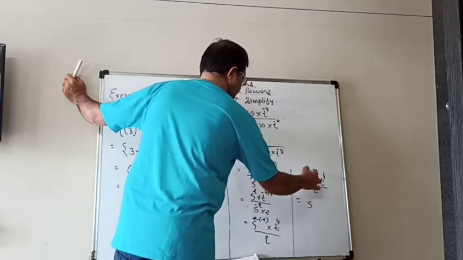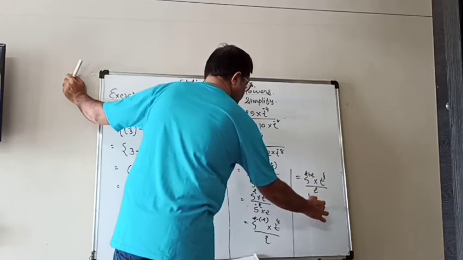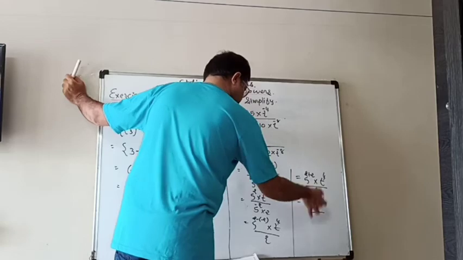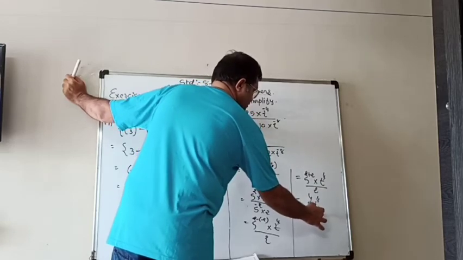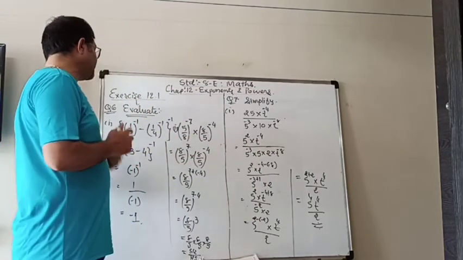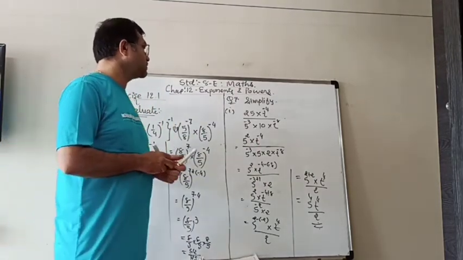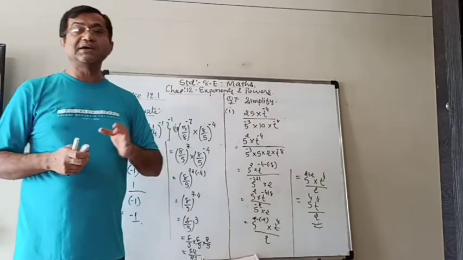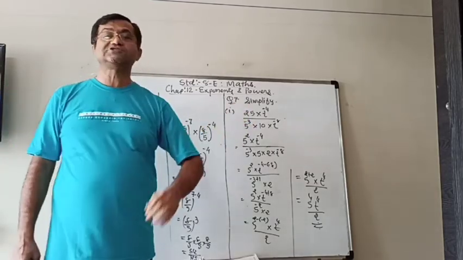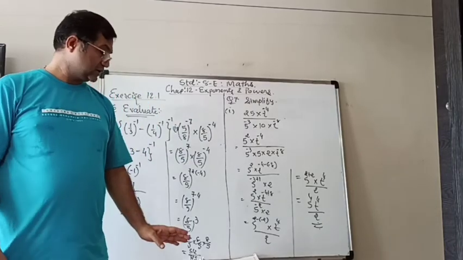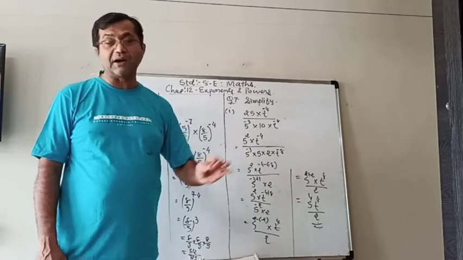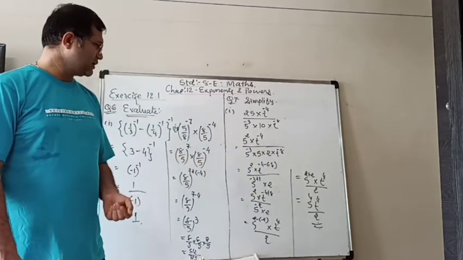So it is equal to 5 raised to 4, t raised to 4. You don't need to write down the multiplication, or you can write it also, not a wrong answer. So that is the simplification of this. So whenever there are big numbers, you can convert them into smaller numbers and simplify using the laws of exponents and powers. So it will be very easy.